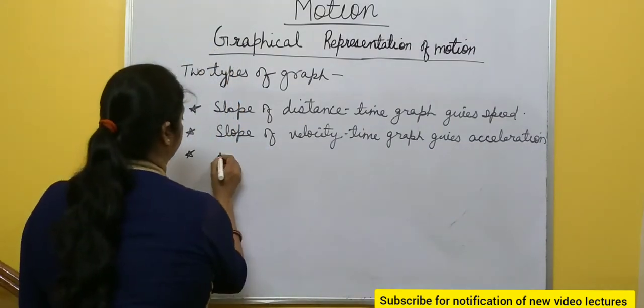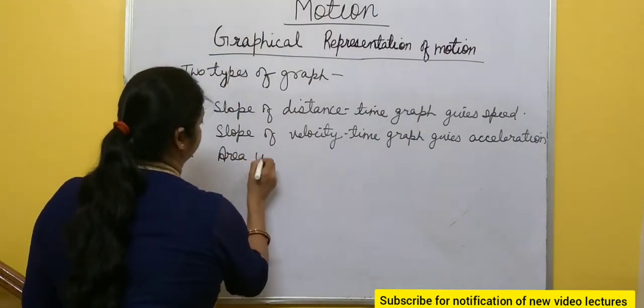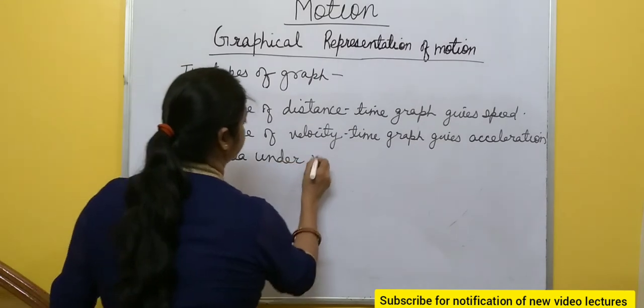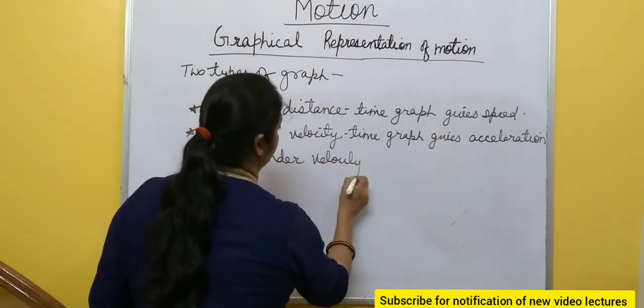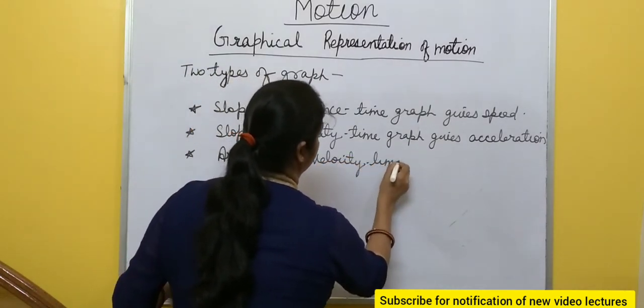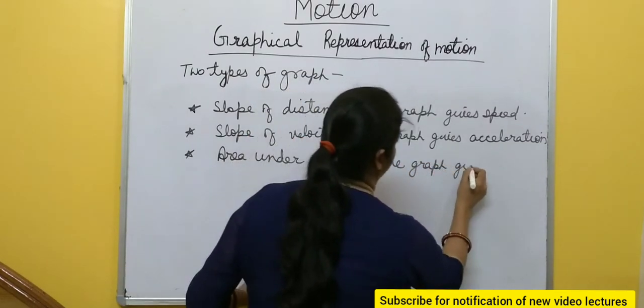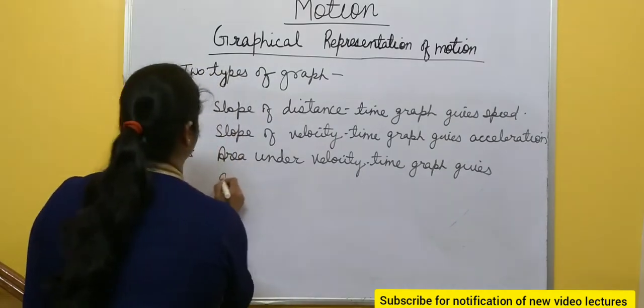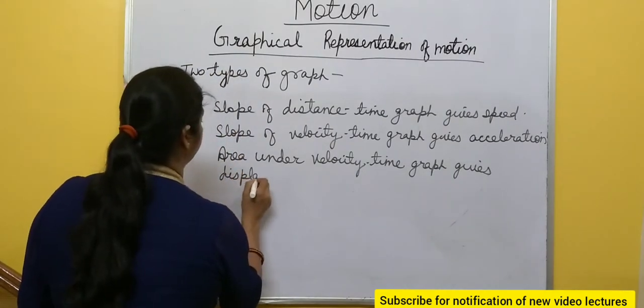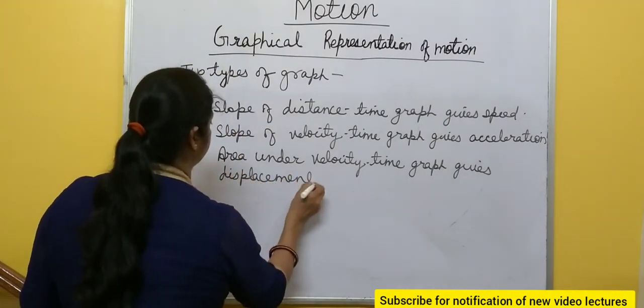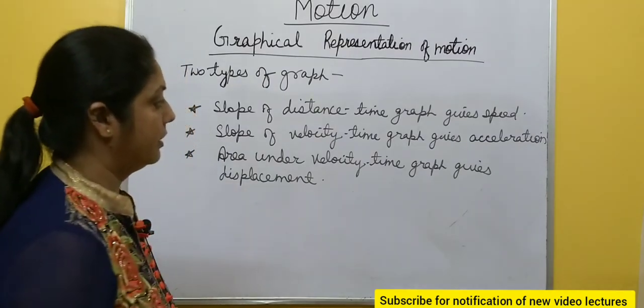Yes, displacement. Area under velocity time graph gives displacement, okay. You must remember all these 3 points. It is very important, okay.